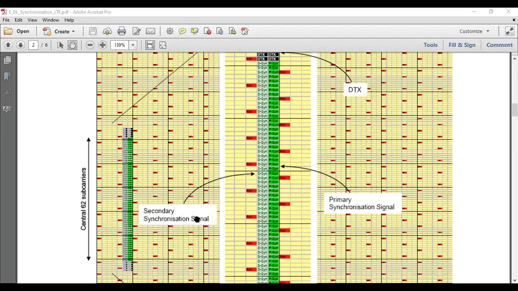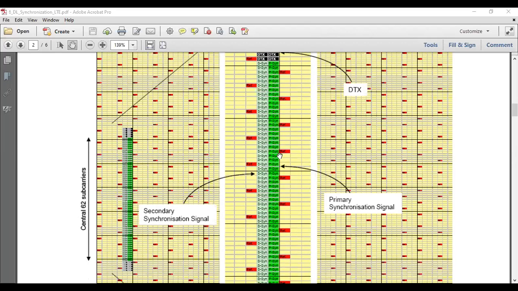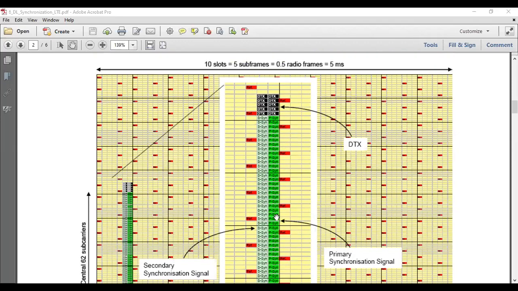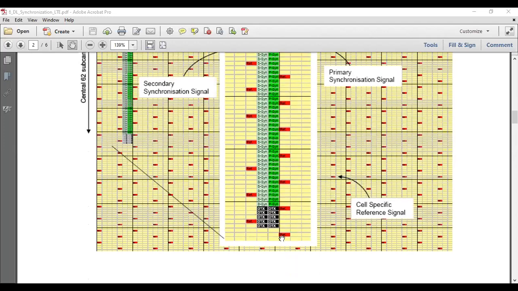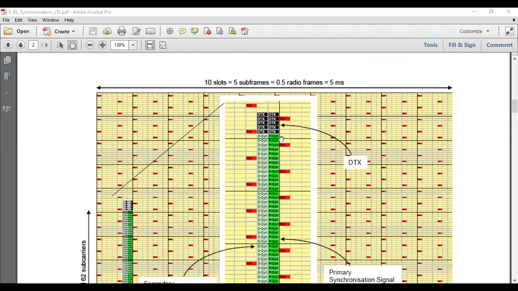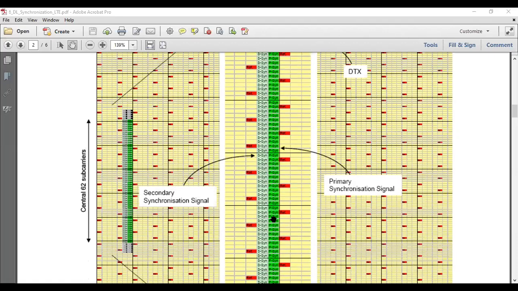In each set, you have them like this, see in this figure, you transmit PSS using 64 resource elements in one symbol period, but in the frequency axis it is spread, taking up 64 resource elements.